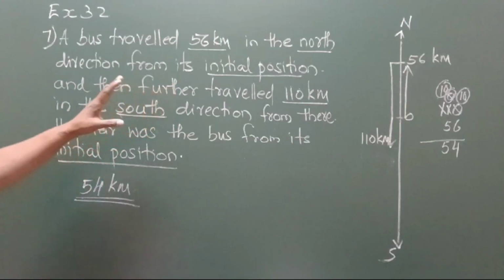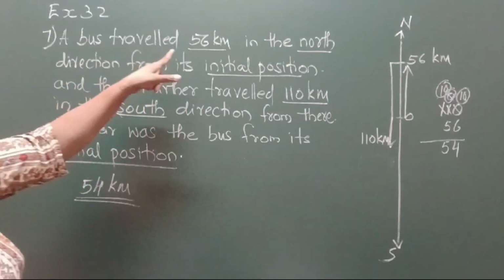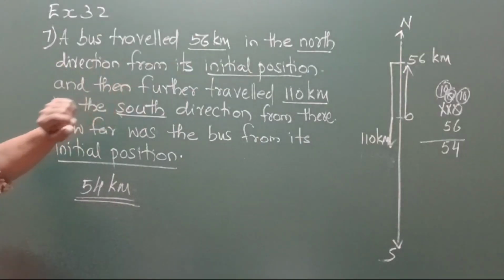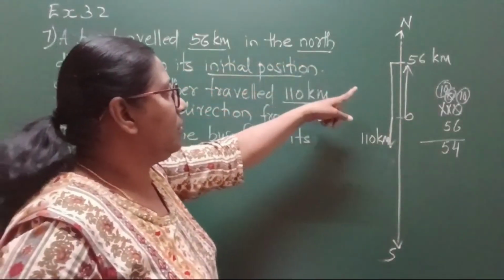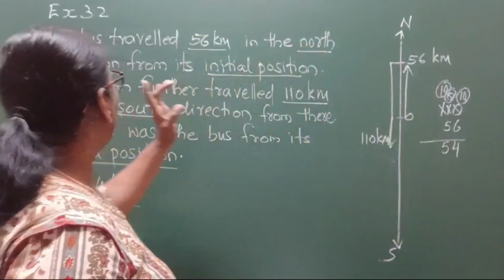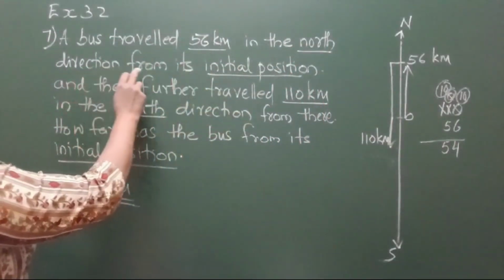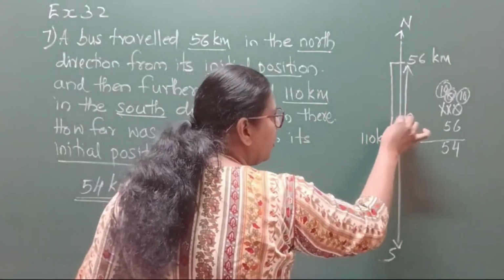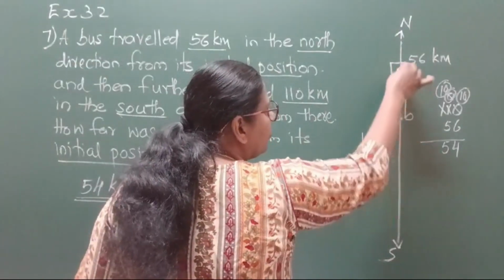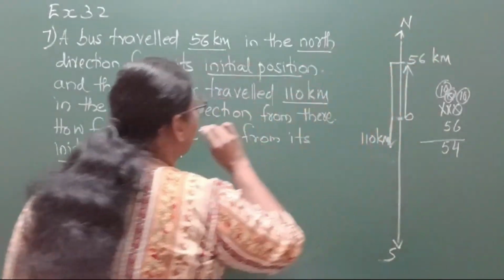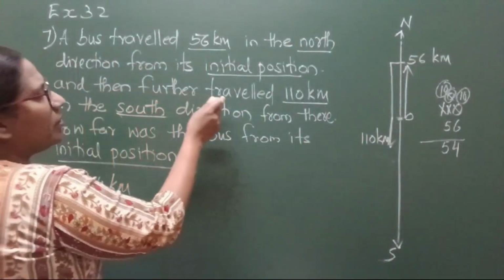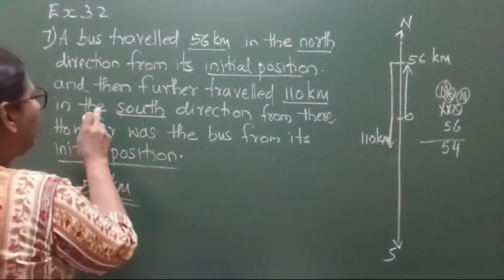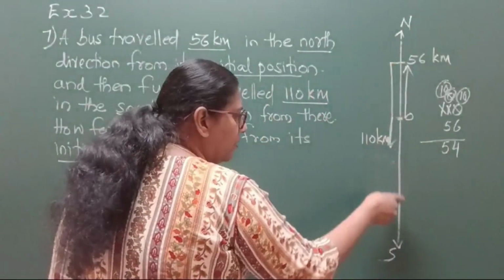Hope you all understood. We'll see once again. A bus traveled 56 kilometer in the north, which is important, north direction, from its initial point, which is again very, very important. Then further traveled 110 kilometer in the south direction. That means opposite.